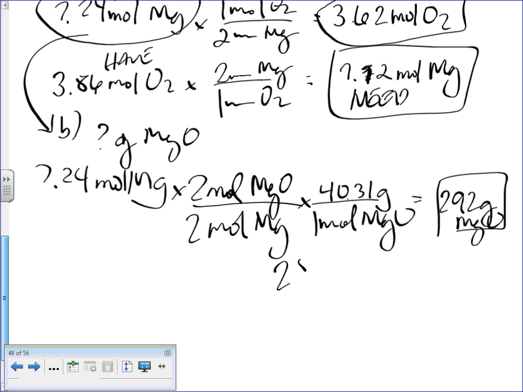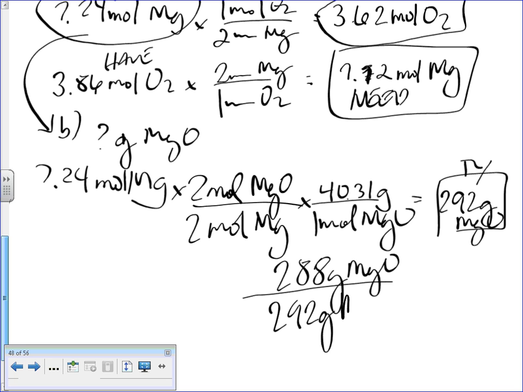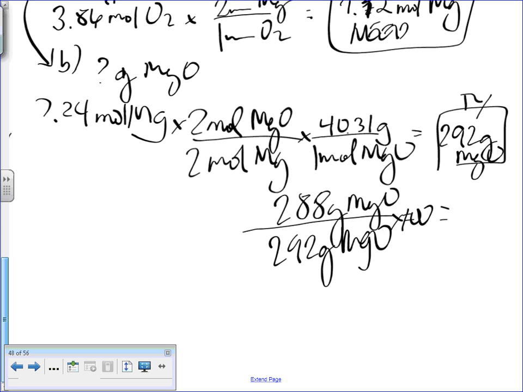Actual yield of magnesium oxide collected, and then this is theoretical yield, so 292. And were they a good chemist? Oops, sorry, times 100. What was their yield? 98, so they're almost perfect. Or 99, actually, right? 98.6, okay. Whew. Perfect. Woo! Okay, who's next?